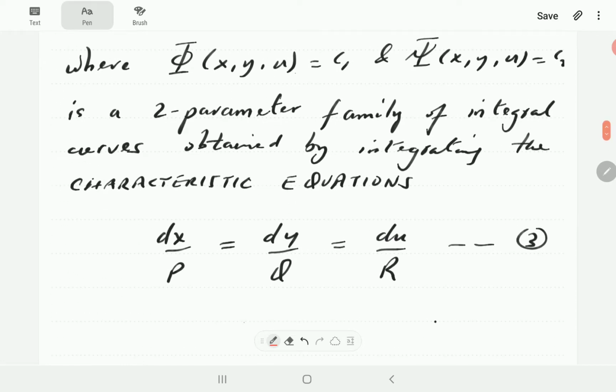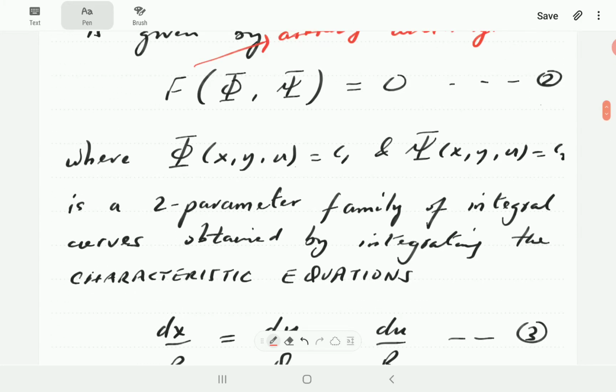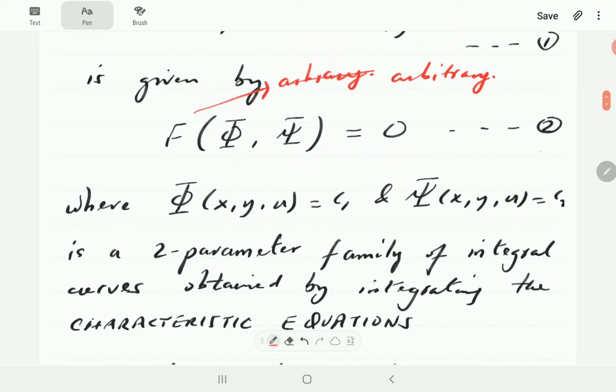Okay, so that has been done in a previous video, so if you want to check that one if you're not up to speed. So this we have shown how you can find using that method, which is called the method of characteristics.